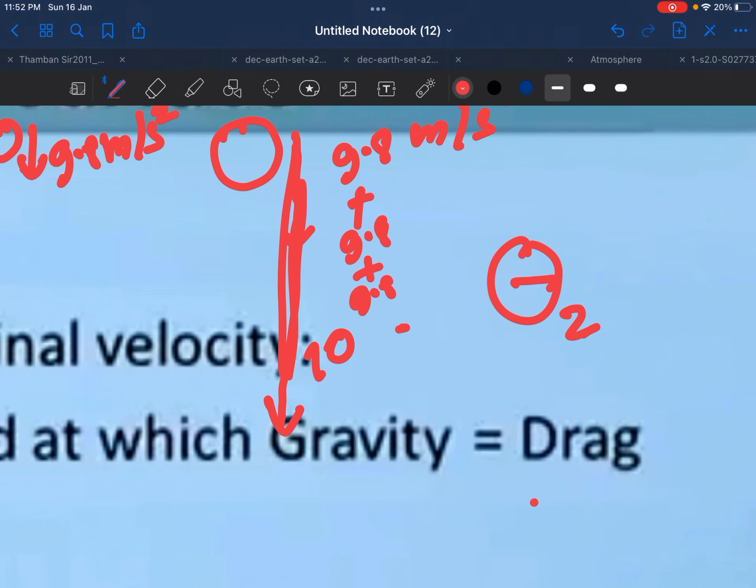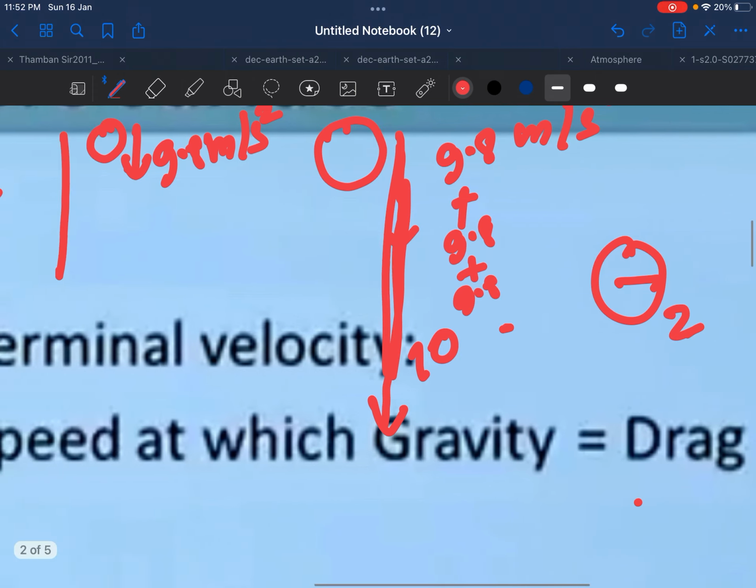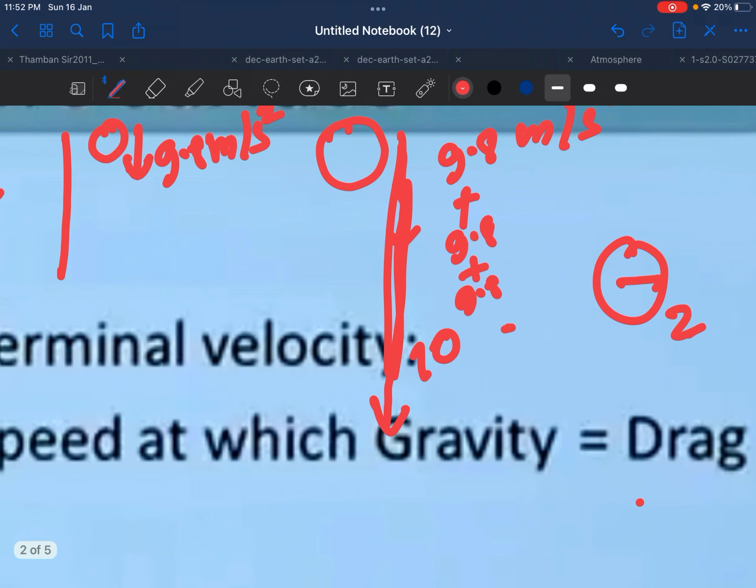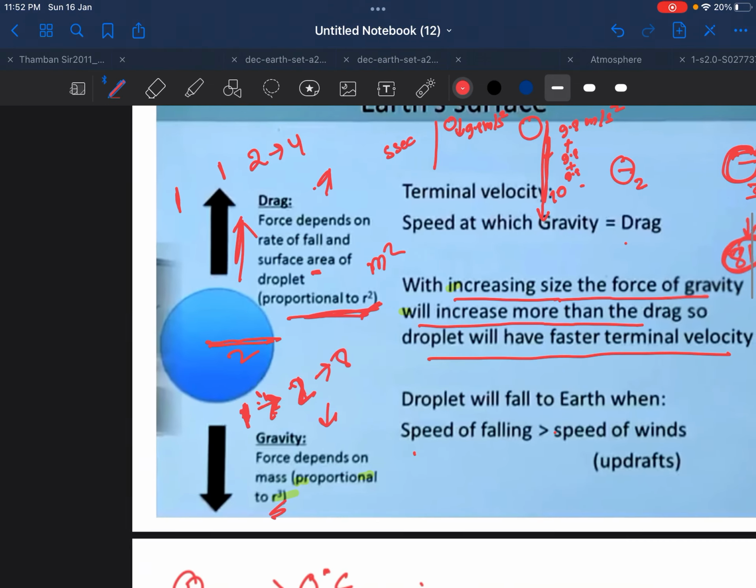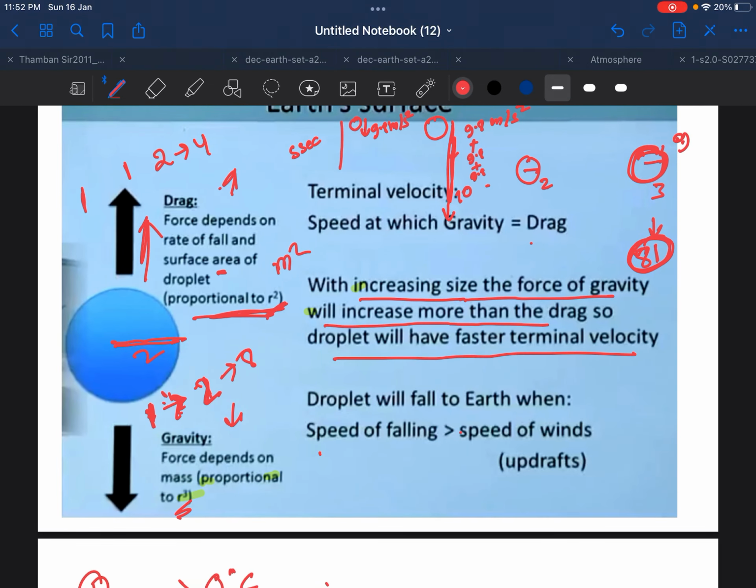So 9.8, 9.8, 10 times you have to add, right? Then drag force becomes equal to gravity. But over here in 5 seconds only, so 9.8, 9.8 5 times only. Then it becomes compensated with drag force, right? So here in this case the terminal velocity will be low.